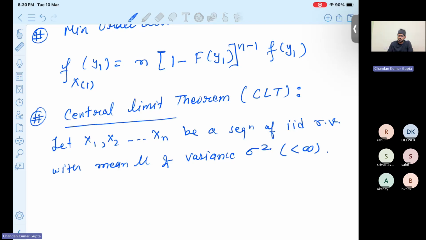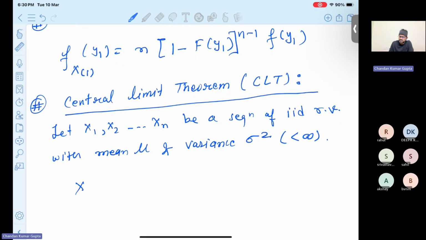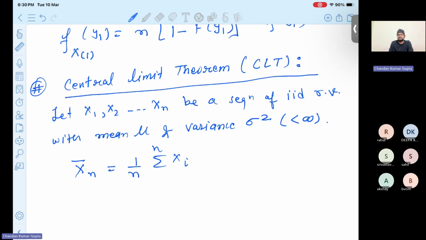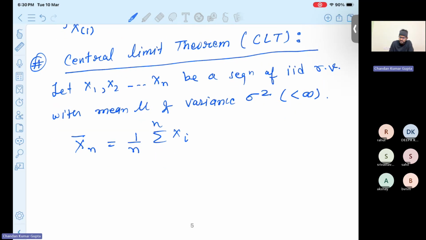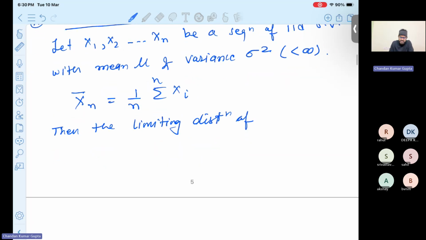Now if we define a new random variable, which is nothing but the sample mean, defined as x bar equals 1 by n summation of xi, then the limiting distribution of the random variable (x bar minus mu) upon (sigma by root n) is normal.